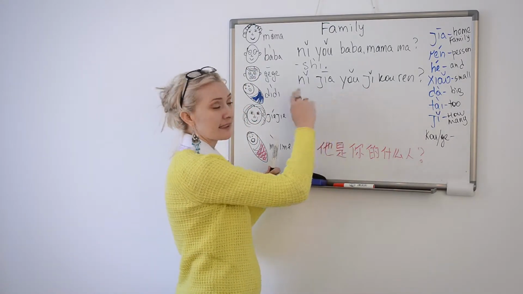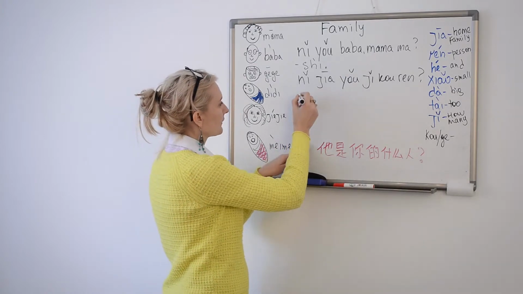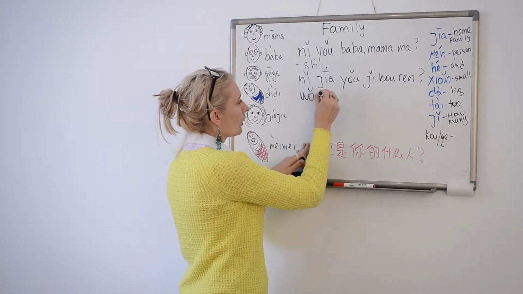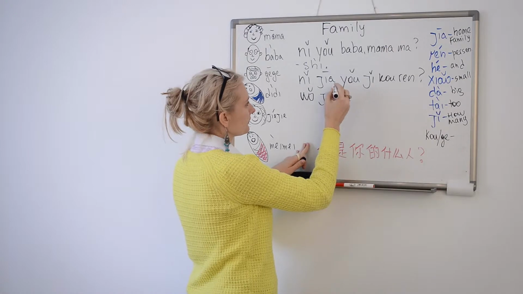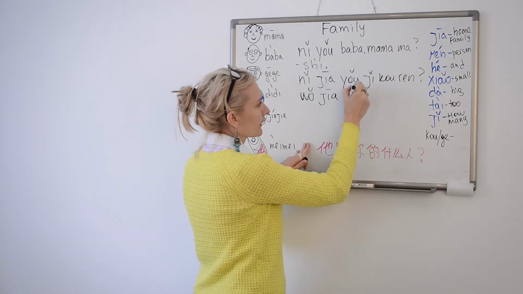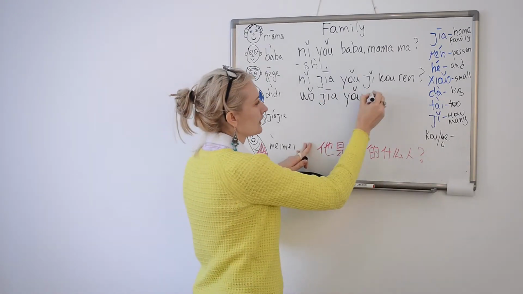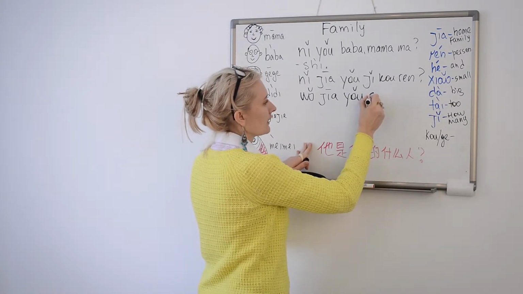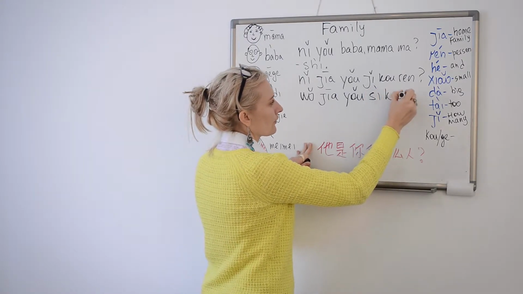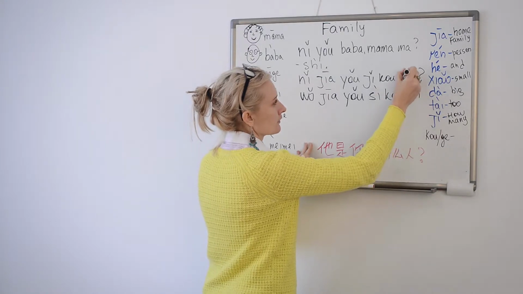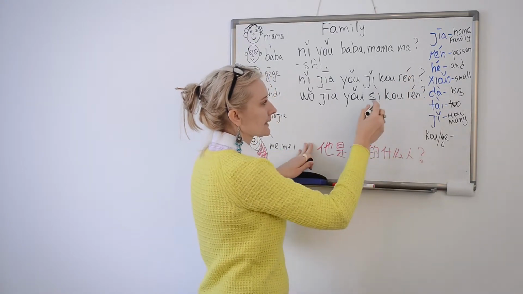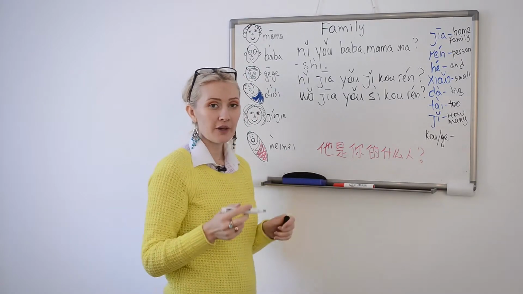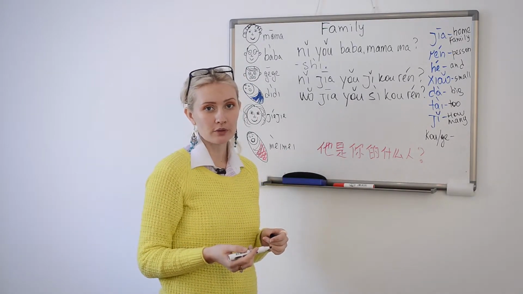So in this particular sentence, you will have to say 我家有, and let's say for 4, I will write that down. 4口人. In my family, there are 4 people.